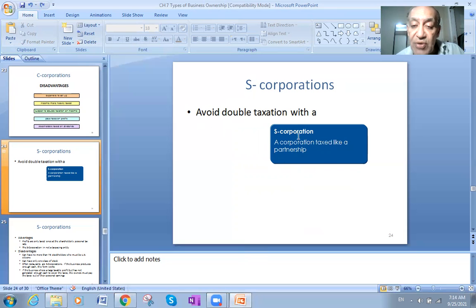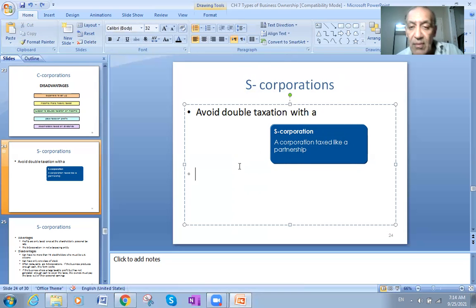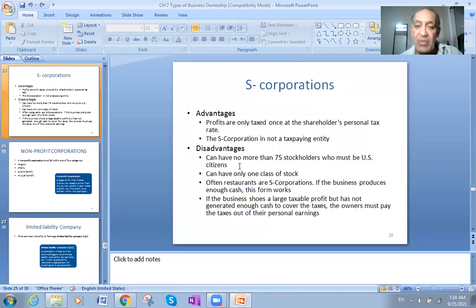With a corporation taxed like a partnership, the kind of S corporation, that will pay the taxes like the partnership. So there will be no double taxation with the S corporation.